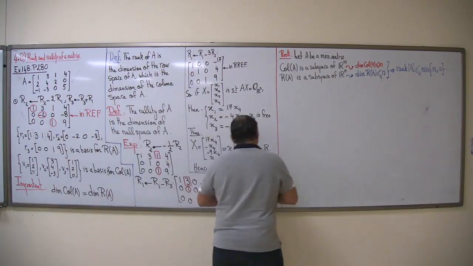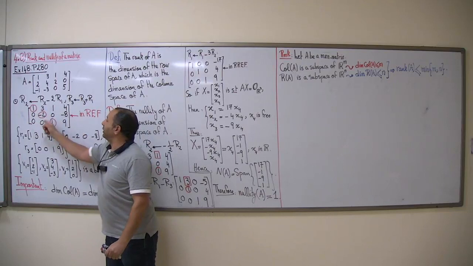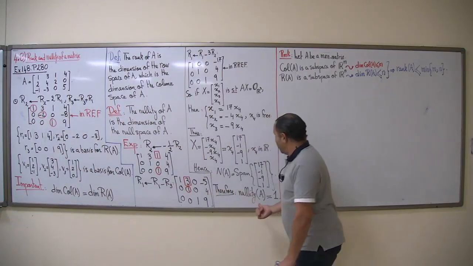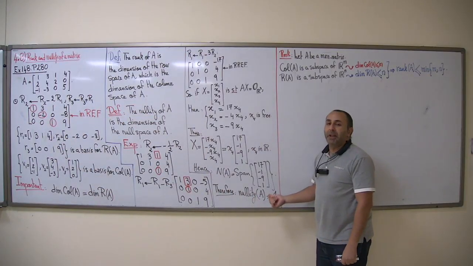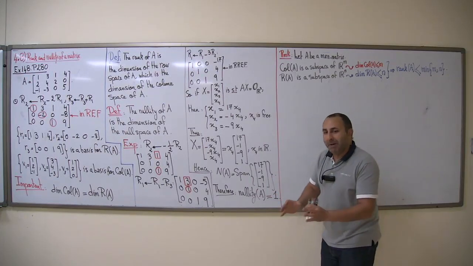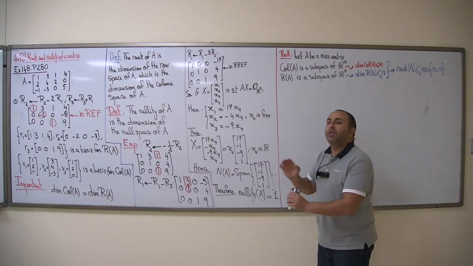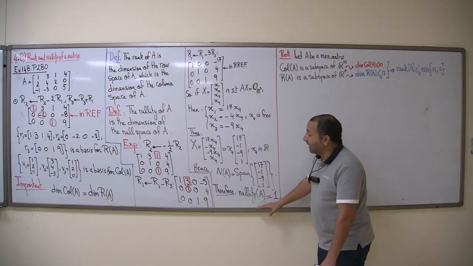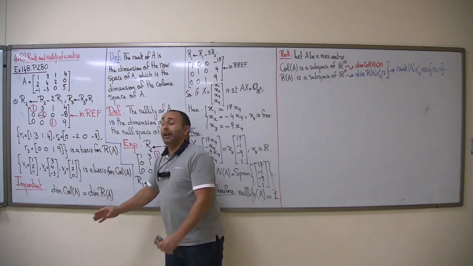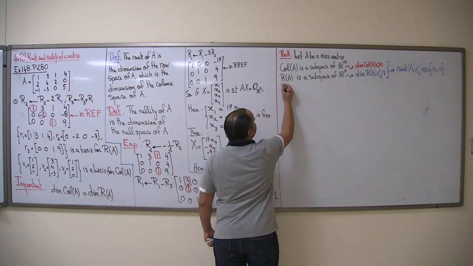The number of columns minus the number of leading terms gives me exactly the dimension of the null space, which is the nullity. So always, for any given matrix, the nullity plus the rank equals the number of columns. So this is what we are going to write here. Very important.